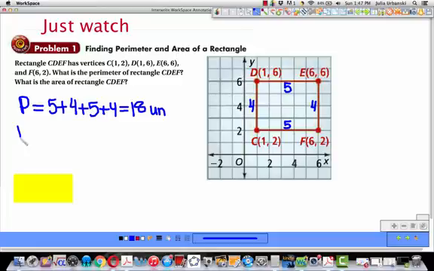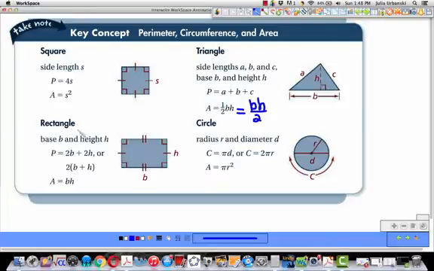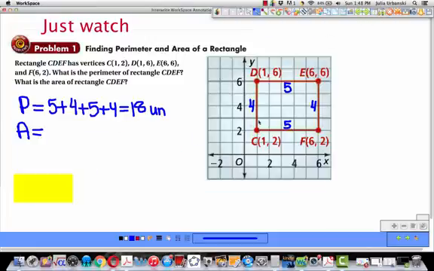Next, find the area. Area equals, in this case, if you look at your flowchart or your formulas back here, for a rectangle, the area is base times height. Base and height are the ones that have a right angle, and in a rectangle, all the angles are right angles. So the base of my rectangle is 5, and the height is 4.